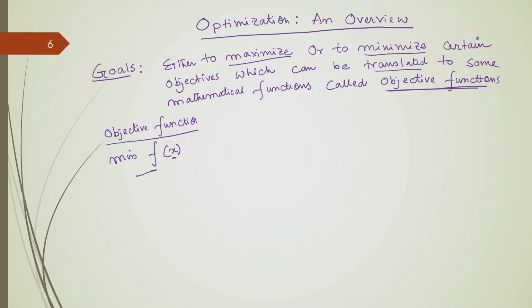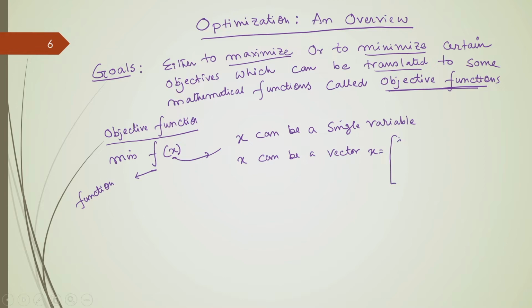So, f is basically a function which maps an n dimensional variable into a real value, and x can be a single variable, or x can be an n dimensional vector, where x can be written as x1, x2, up to xn. So, here x is an n dimensional vector.